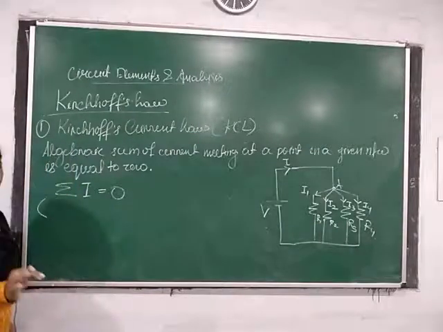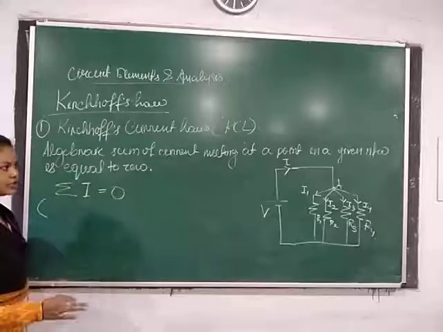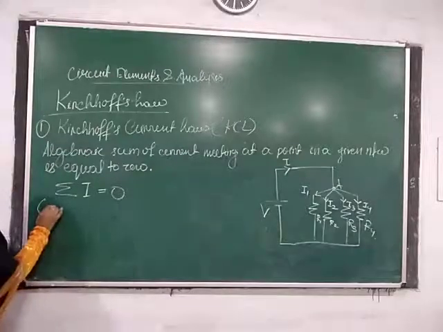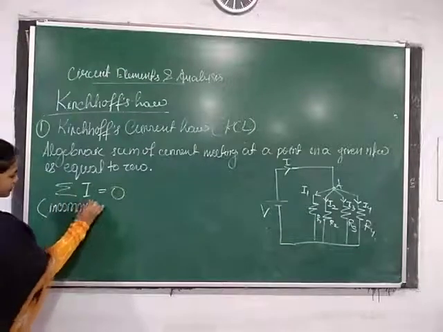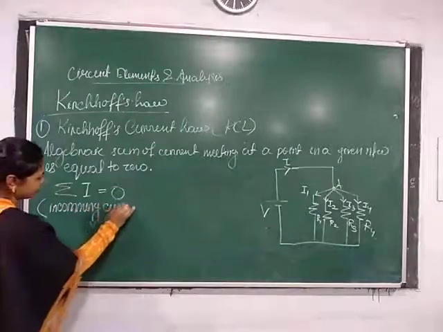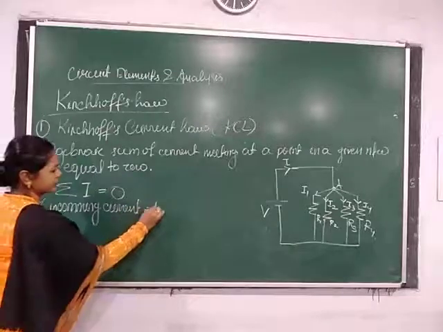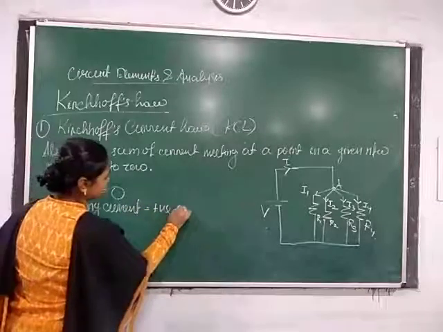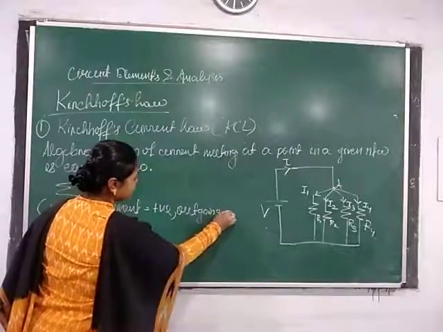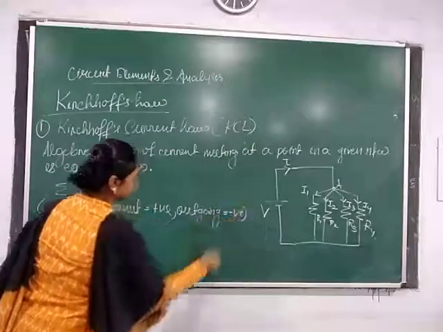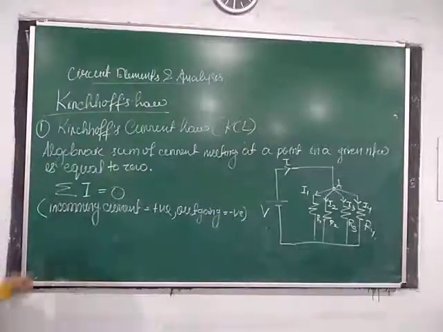It is your choice. You are free to choose their polarity. Let me take incoming current as positive polarity and outgoing current as negative polarity. So what will be the equation now?